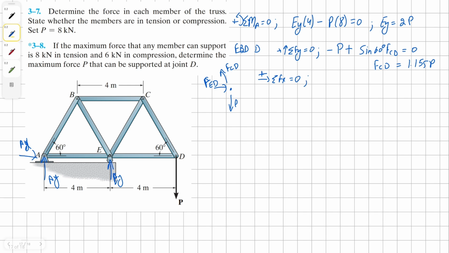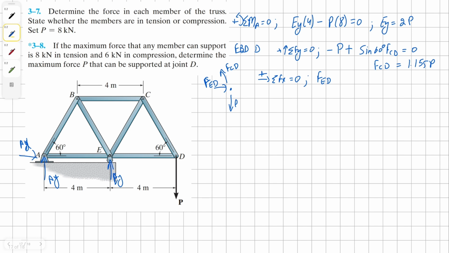Now we can sum the forces in x direction to find the force for ED. And we have to do it for all the members in order to determine which member can handle the maximum tensile force and compressive force, and from there we determine which force prevails, either tensile or compressive, for the maximum value of P. Alright, back to the problem.